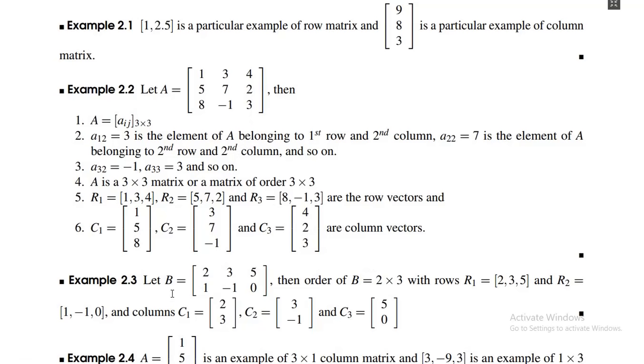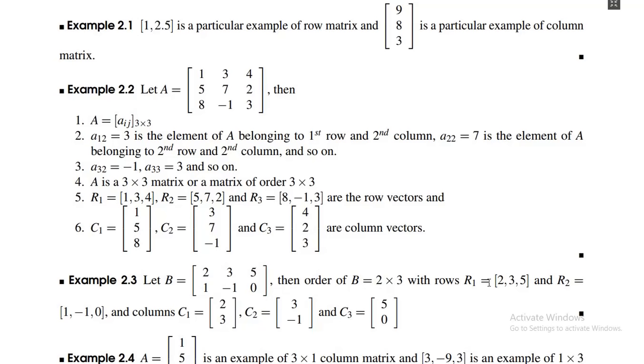Another example: let matrix B be given as 2, 3, 5, 1, minus 1, 0. Then the order of matrix B is 2 by 3. Why? The number of rows of matrix B is 2, and the number of columns is 3. Therefore, matrix B is 2 by 3.